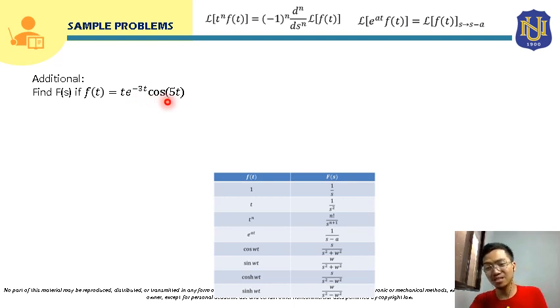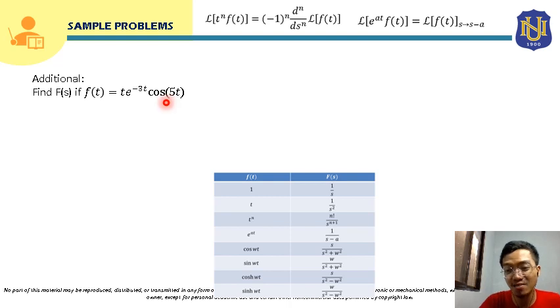Okay, so to solve this, we have to apply the theorems that we discussed. What are the topics that we discussed? If we will apply S-differentiation, we need t here. Since there's a t here, we can use S-differentiation.